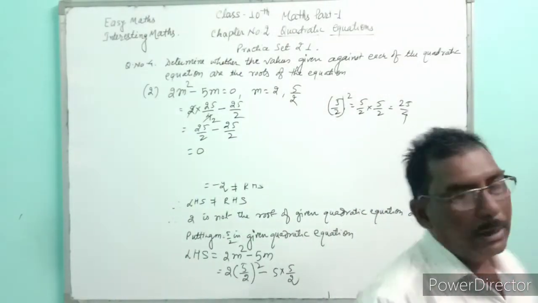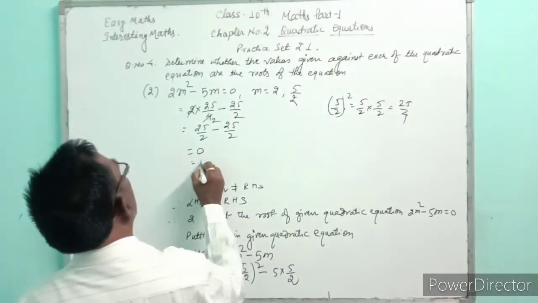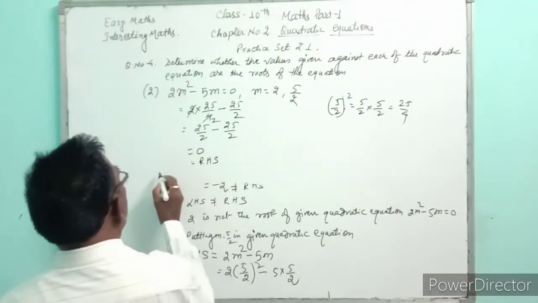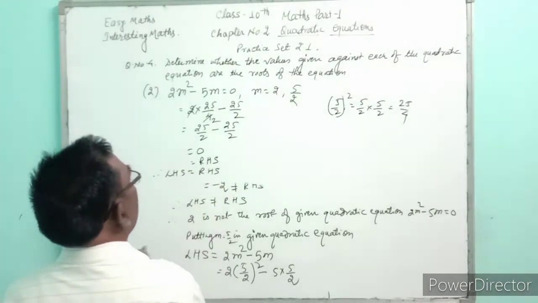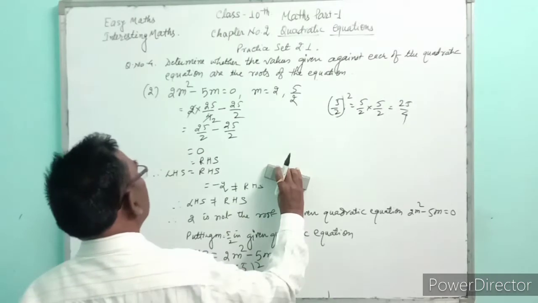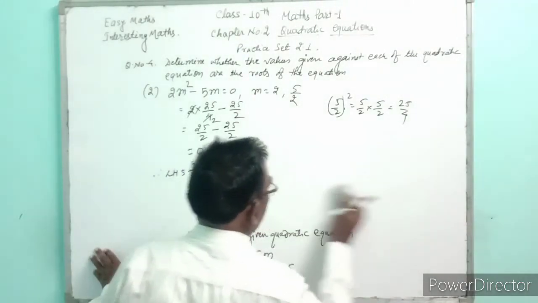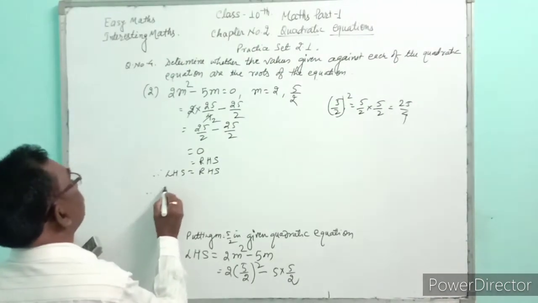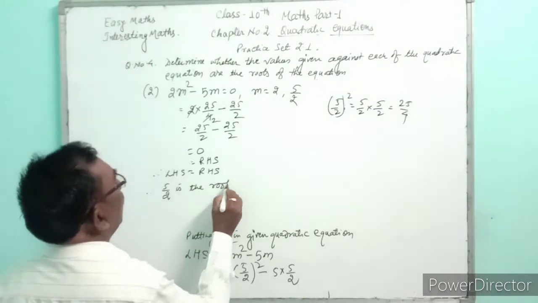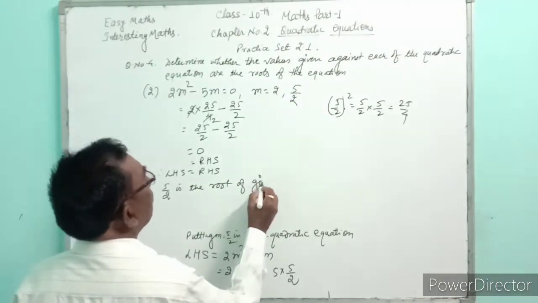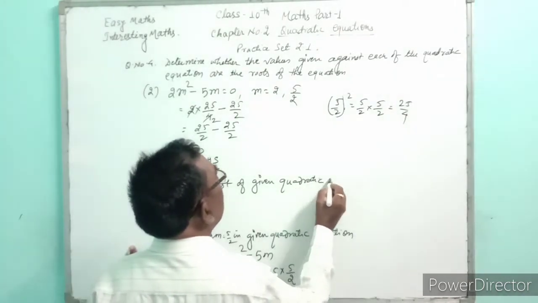And the right hand side of the given equation is 0. Therefore, left hand side is equal to right hand side. Therefore, 5 upon 2 is the root of the given quadratic equation.